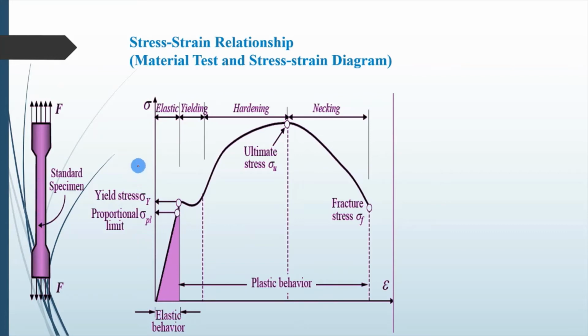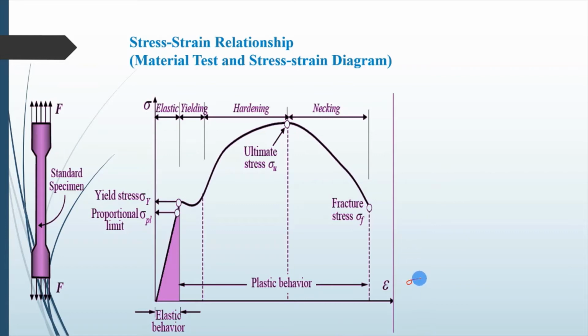Now for the stress strain curve, stress will be taken on the y-axis and strain on the x-axis. If this material is subjected to a certain amount of load, we will have a value of stress and a value of strain for that particular load. Stress is calculated by using sigma equals P by A, that is, stress is equal to force upon area.